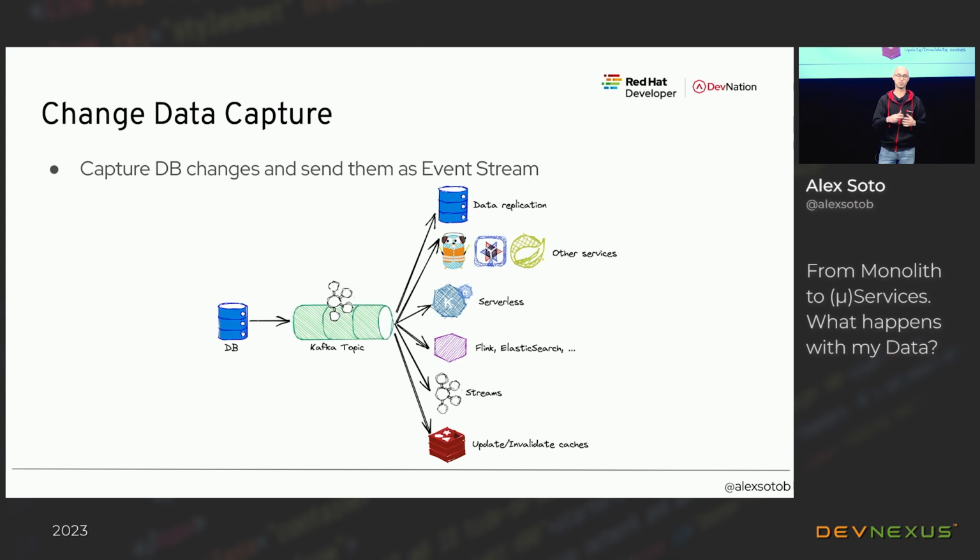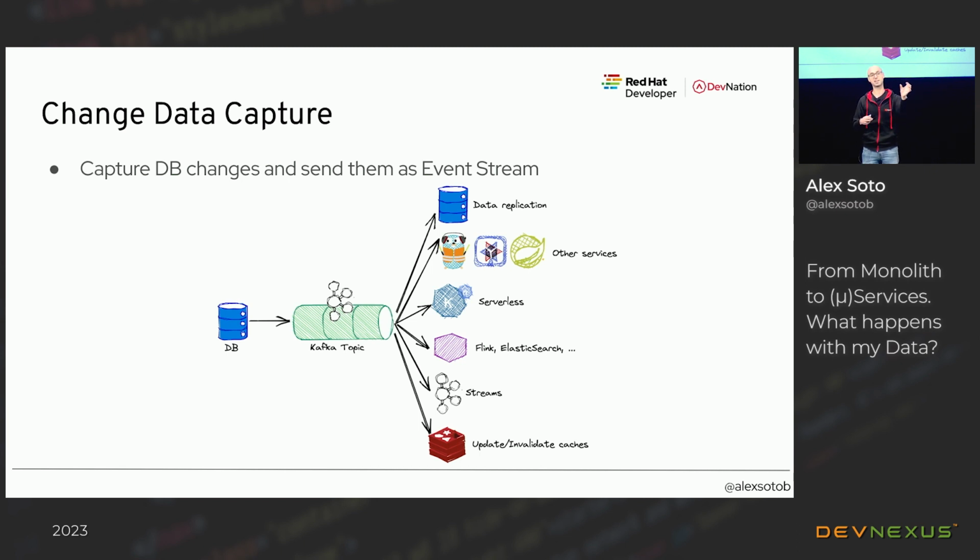So when you insert something into a database, it just captures this, or when you update an entry, it captures this and sends it as an event. Typically, nowadays, this event is sent through Kafka. Of course, it could be any other messaging system, but nowadays, Kafka is the thing, right?